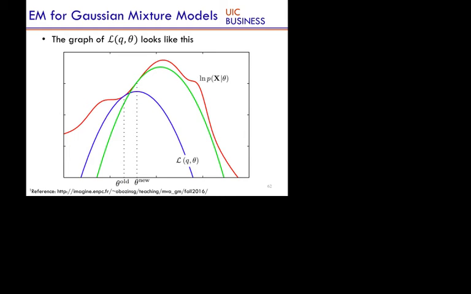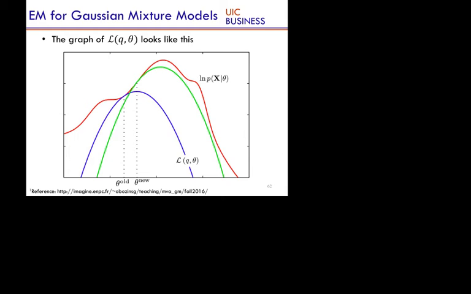Maybe there's a bunch of Gaussians like this, like this, like this. Then the marginal distribution with the mixture model would look like this, because it's the sum of a bunch of components which are Gaussian. Similarly, the curve over there is trying to depict that this is a mixture model, so it has some number of peaks.